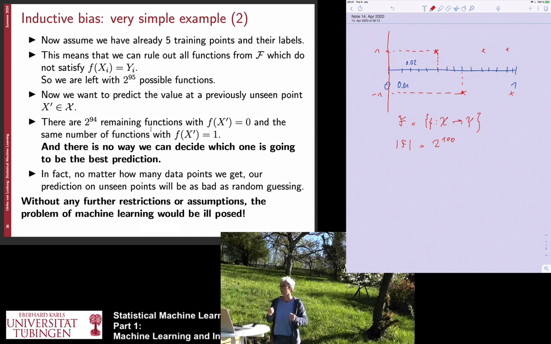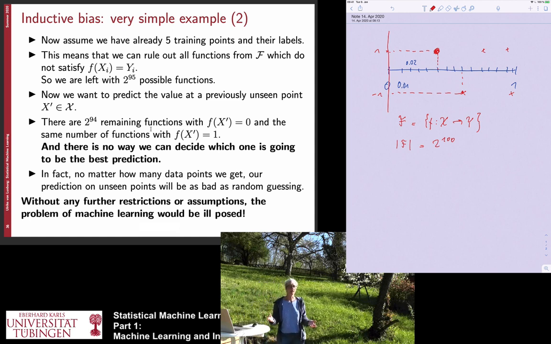So now we have seen 5 training points. So we know, for example, this particular point here is going to be a +1. So what does it help us? We can now say, well, all those functions in the function space that would assign -1 to this point, we can rule them out. We can simply throw them out because we know they are not the correct functions because we're in a noise-free situation. Similarly, for all the other data points.